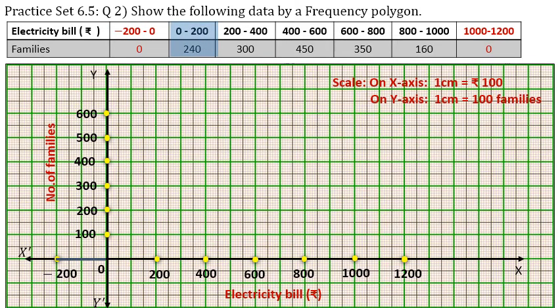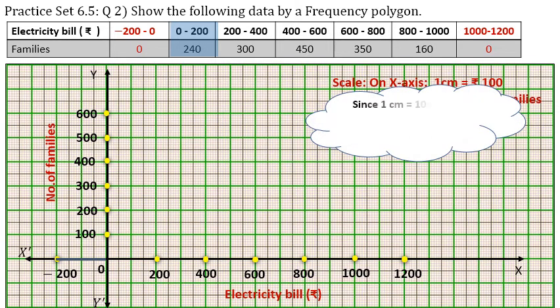Next, 0 to 200, the frequency is 240. Since 1 centimeter represents 100 families, 1 millimeter will represent 10 families. So in order to mark 240, we need to count 4 millimeters above 200.